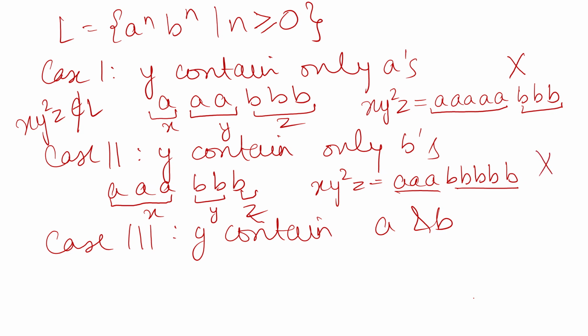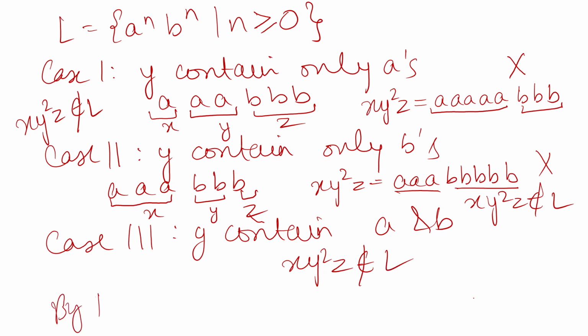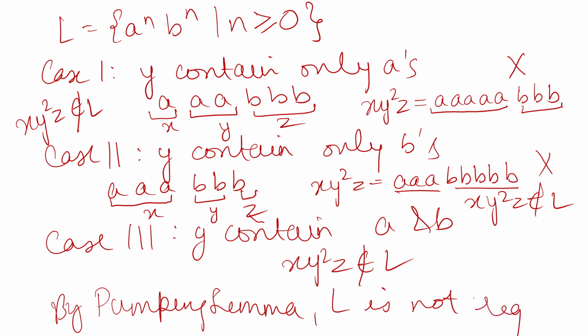Therefore, not satisfying, x y squared z does not belong to L. Similarly, in case 3 that we had seen earlier, we proved that x y squared z does not belong to L. Therefore, we can say by pumping lemma, L is not regular.